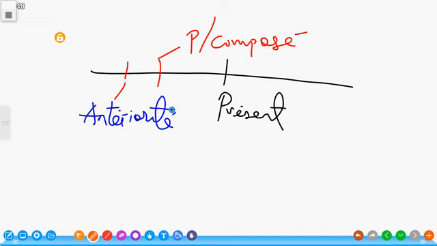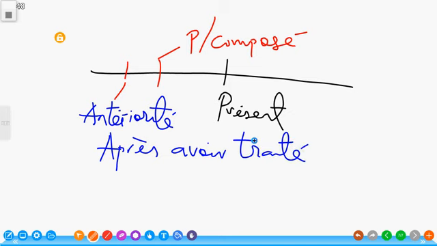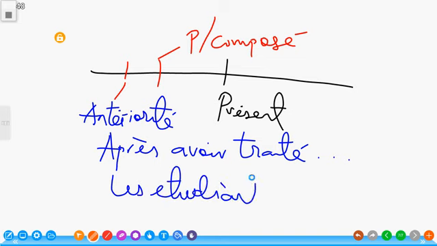So look at the expression that we're making as our example today. It says, après avoir traité le devoir, les étudiants sont arrivés.